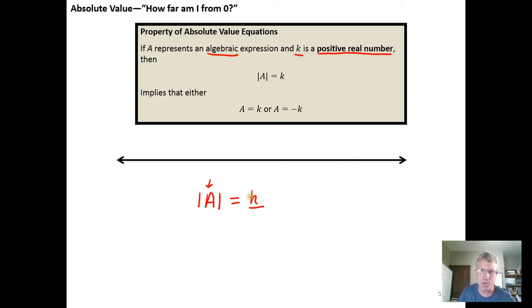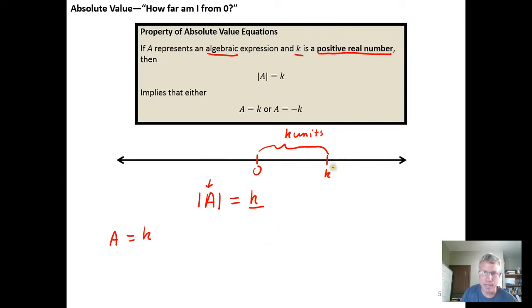It's a distance question. k has to be positive. So if this were 0 and k is a positive real number, k might be sitting over here on the real number line somewhere, and it's going to be k units away from 0. So I would get, the algebraic expression can equal k, and if it equals k, it will be k units away from 0.